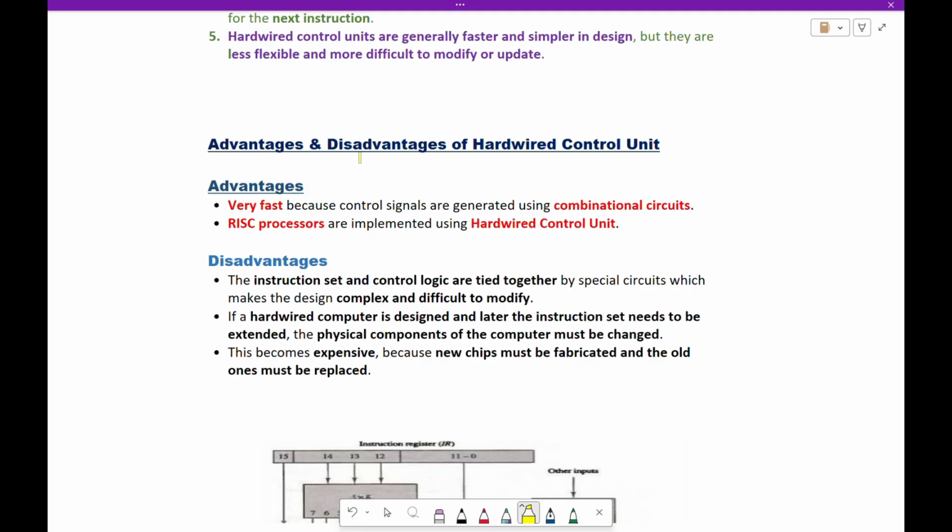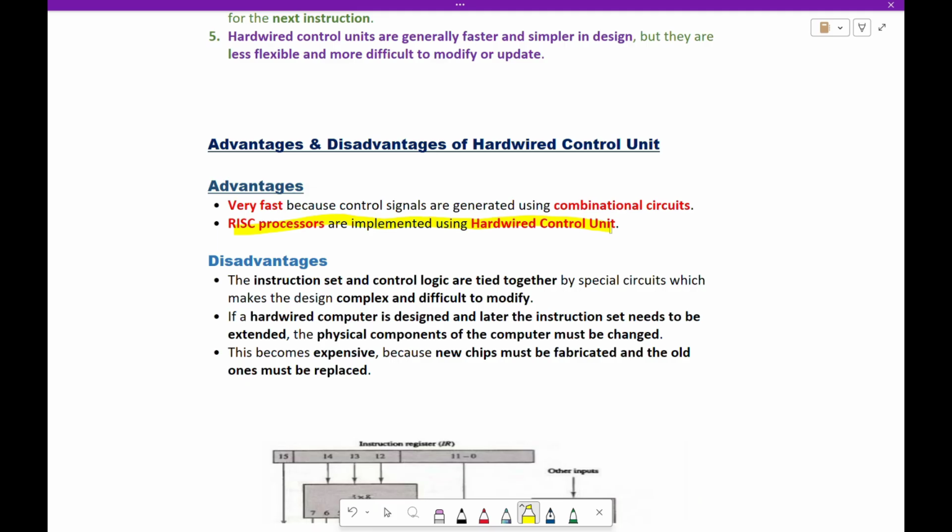Since control signals are generated using hardware circuits, execution is very fast. Because of this reason, this processor usually uses hardware control unit.